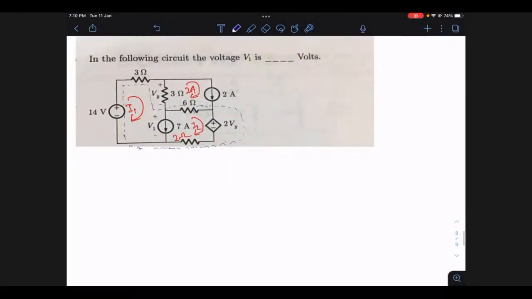Now, if I ask you to write the corresponding equations, what do you get? 14 minus 3i1. What is the voltage you should be writing in this case? It is minus 3 into (i1 minus 2). From where is this 2 coming? It is the current of the other side. Then I'm done with 14 and with this 3.